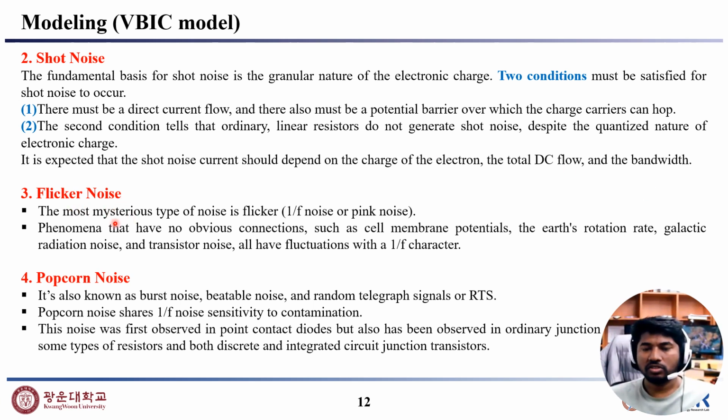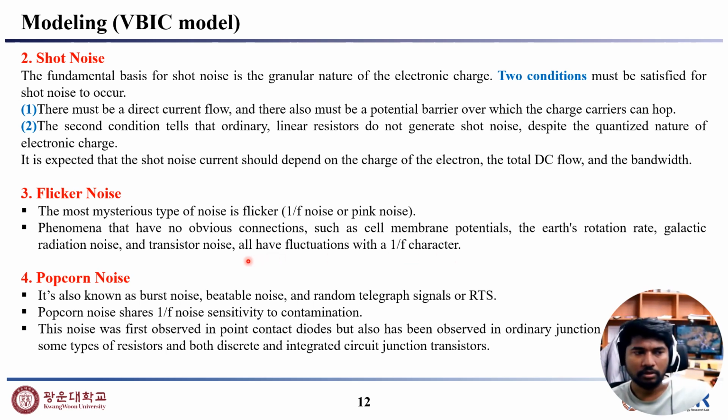The most mysterious type of noise is flicker noise, that is also called pink noise or 1/f noise. These phenomena that have no obvious connections, such as cell membrane potential, the earth rotation rate, galactic radiation noise, and transistor noise, all fluctuate with a 1/f factor.